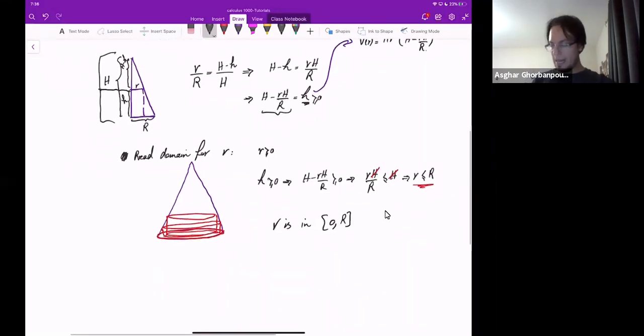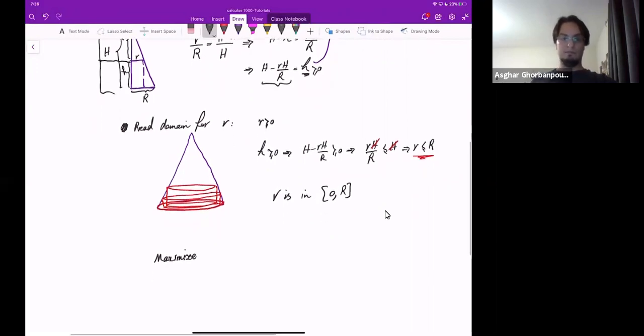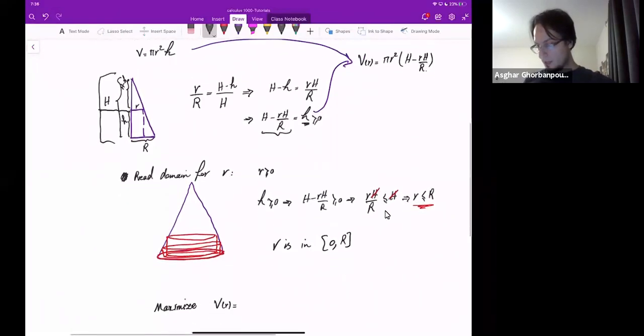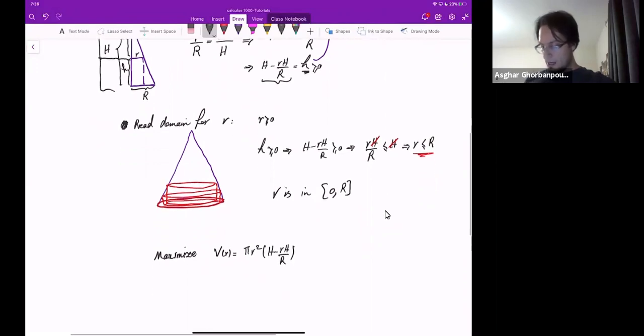Having that means that we have now our mathematical problem. We want to maximize V(r), which is this function, pi r squared times h minus r h over R, on the interval [0, R].